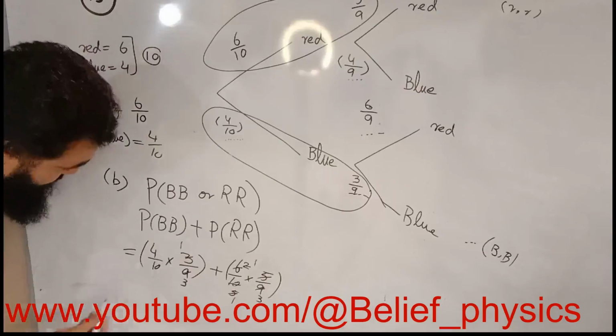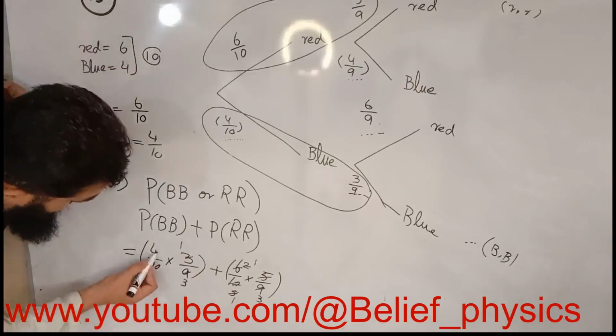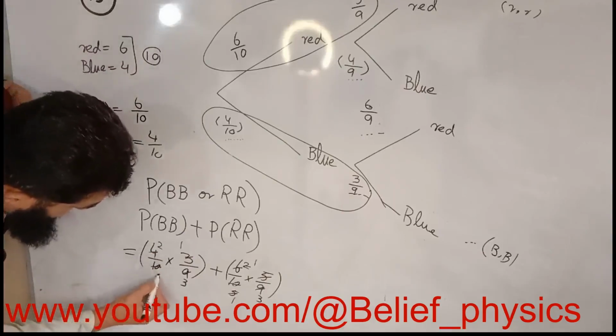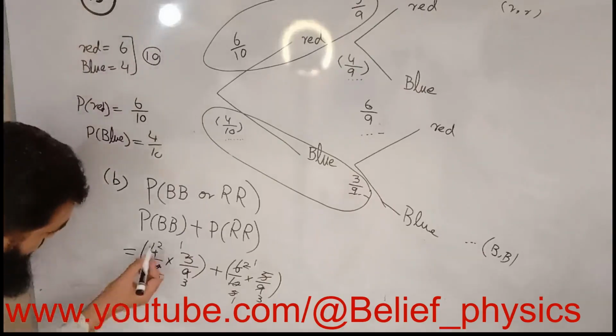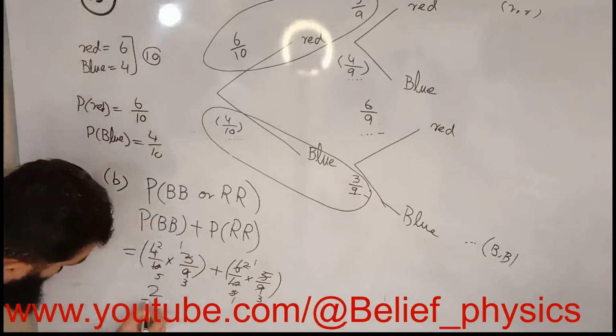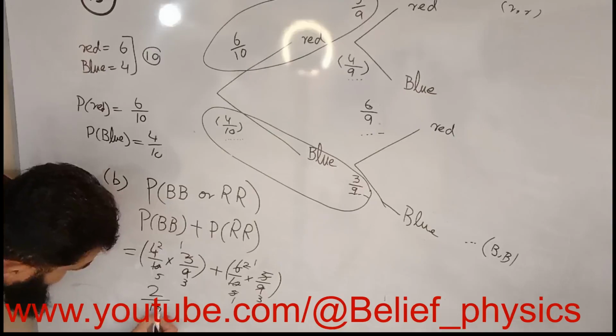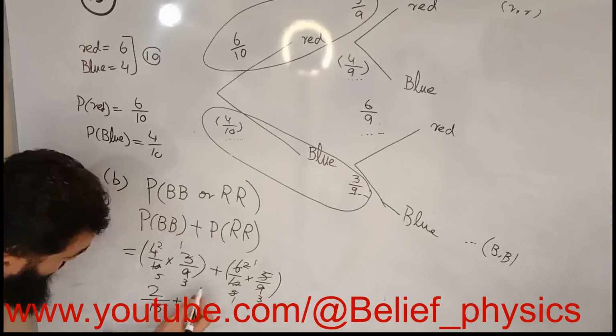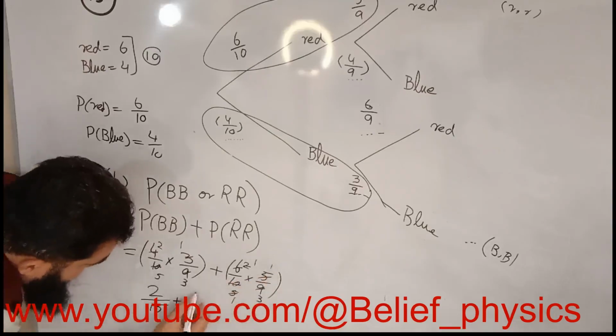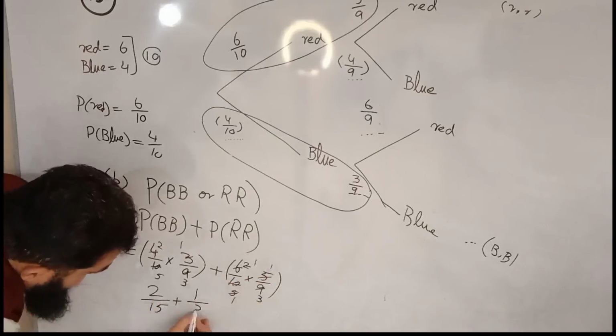It is cancelled. So this will become 2 over 5 threes are 15, plus 1 over 3 ones are 3.